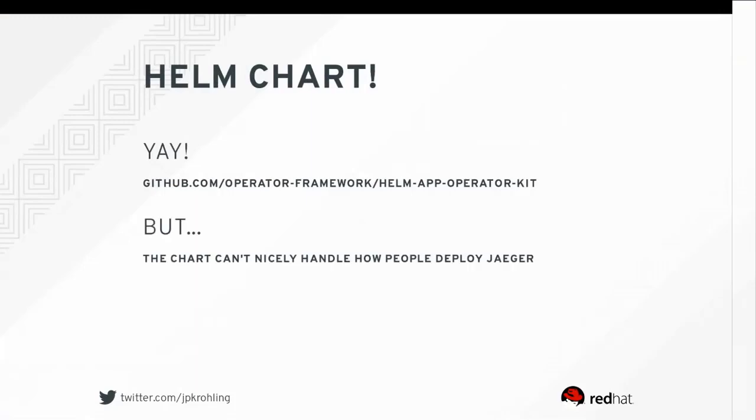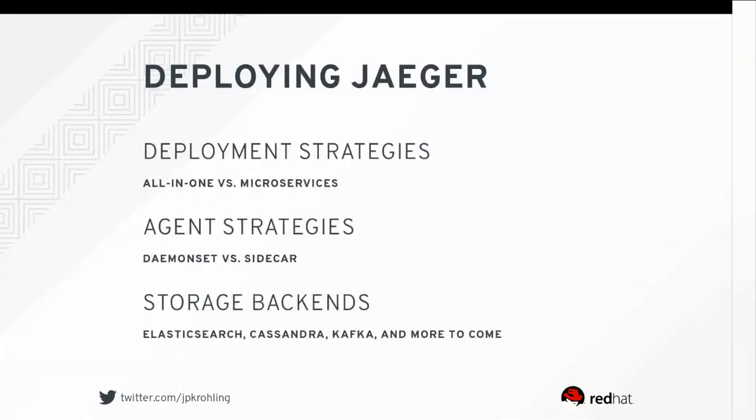The problem is not with the chart itself or with the Helm app operator kit. The problem is that the way Jaeger is deployed can be quite complex. Jaeger itself is built following a microservices architecture, meaning we have 3 or 4 components that can be executed individually. We have the agent, the collector, the query, and they all have different audiences.